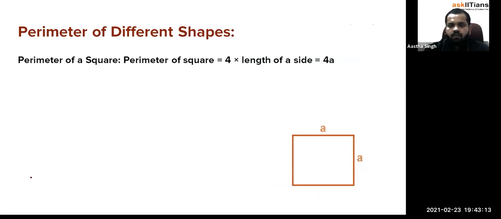We'll do an example later on. But first we'll discuss the perimeter of a square. I think we have already discussed this.